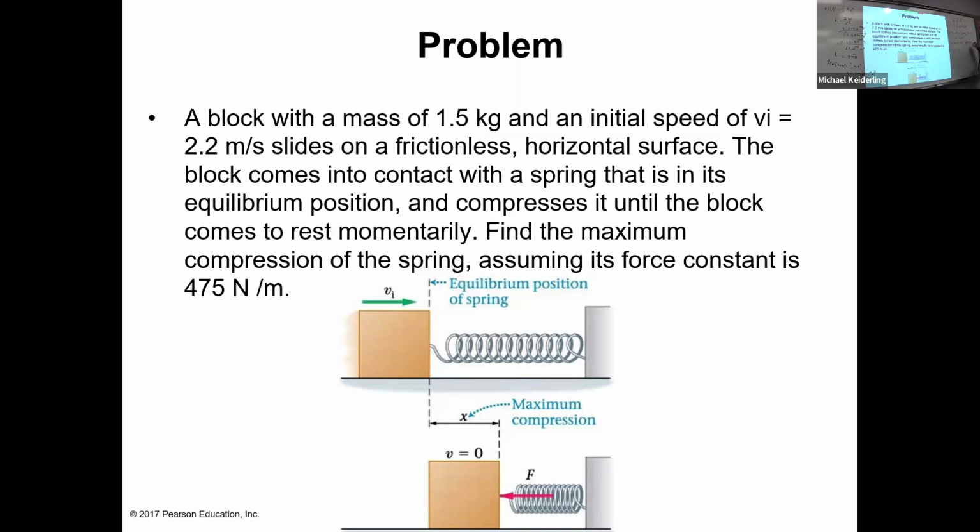Delta K equals work. So we have minus 1/2 kx squared equals 1/2 mv final squared minus 1/2 mv initial squared. Our final velocity is 0, so this term goes away. And so we get minus 1/2 kx squared equals minus 1/2 mv initial squared. These cancel. We want to find x.